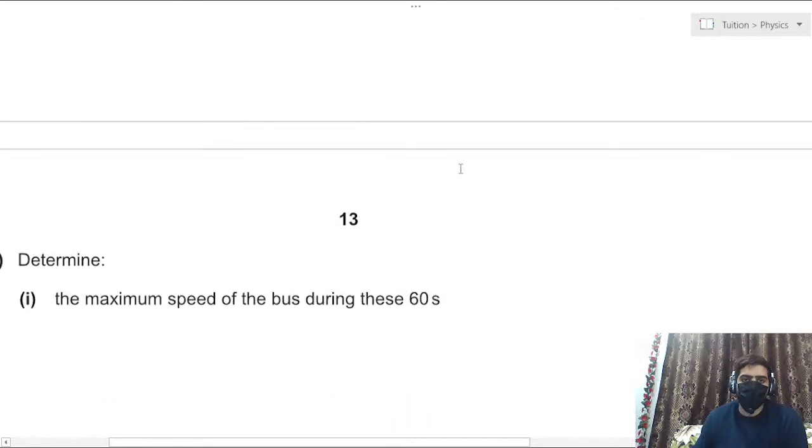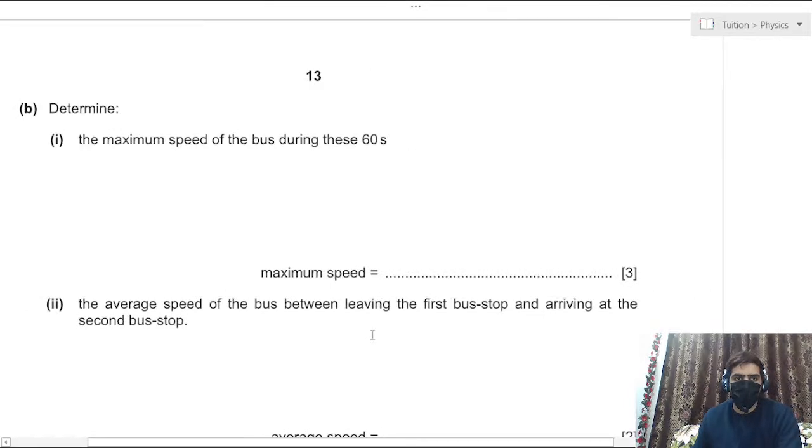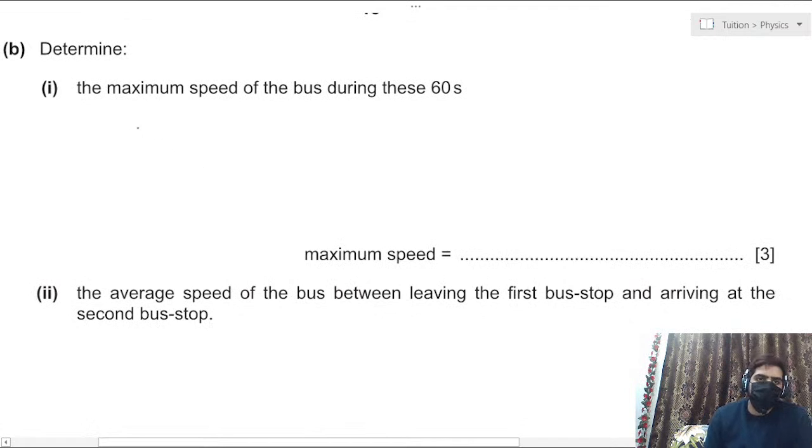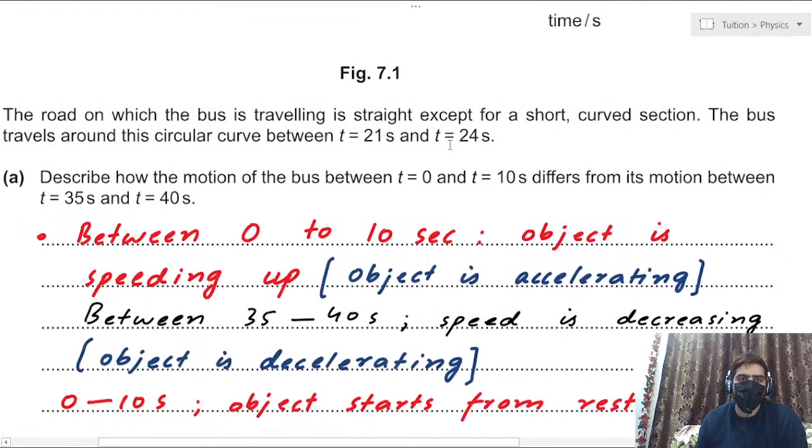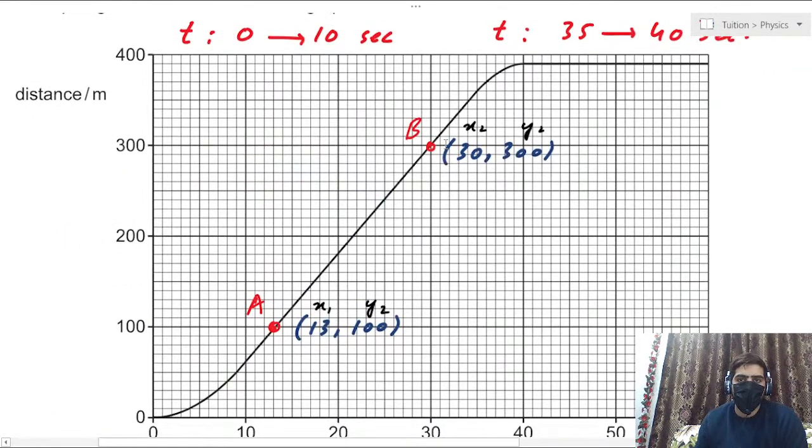For maximum speed, we apply the gradient formula at the steepest portion of the graph, which is y2 minus y1 over x2 minus x1. So y2 would be 300 minus 100 divided by 30 minus 13.